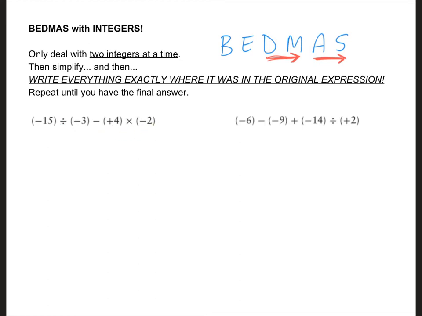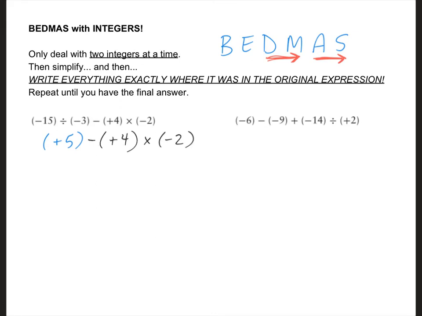So negative 15 divided by negative 3 gives us positive 5, because both of these are negative and the signs are the same, so it's positive. Now I'm going to write everything else where it was, including any signs. So that minus is there, the positive 4 and the times negative 2 are there.